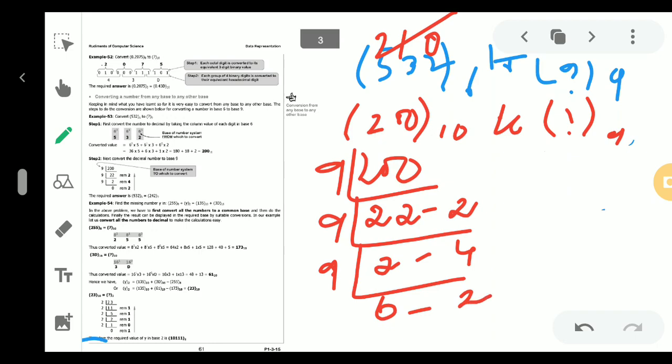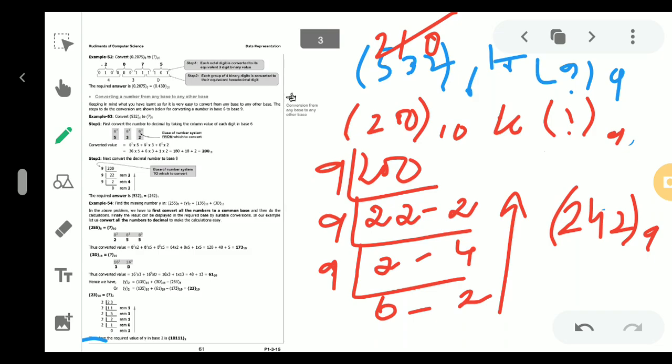From bottom to top we will move, that is 242 base 9. So 532 base 6 to base 9, the final answer is 242 base 9.